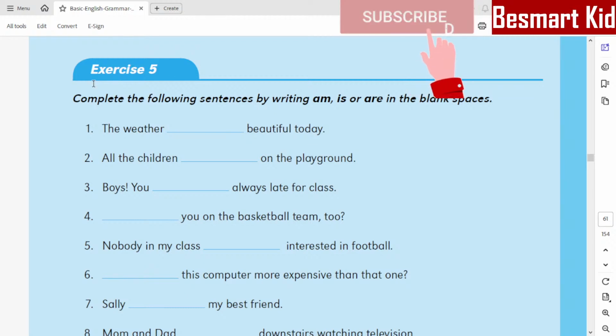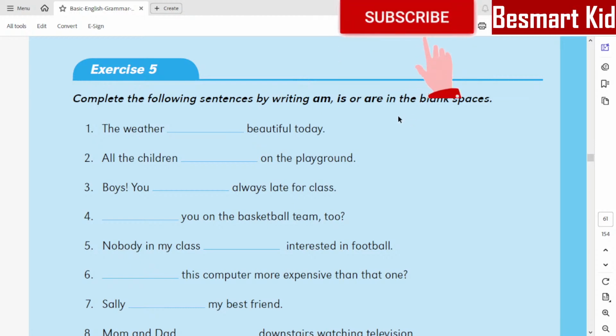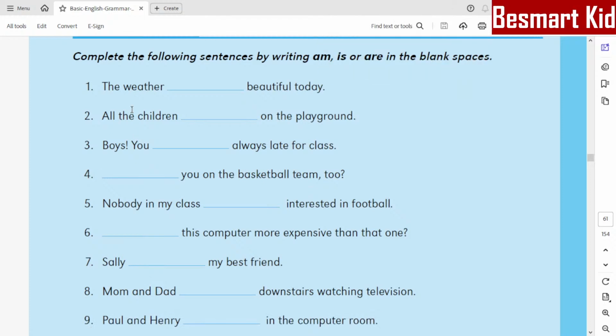Exercise 5. Complete the following sentences by writing am, is, or are in the blank spaces. First, the weather dash beautiful today. Second, all the children dash on the playground. Third, boys, you dash always late for class. Fourth, dash you on the basketball team too. Fifth, nobody in my class dash interested in the food.